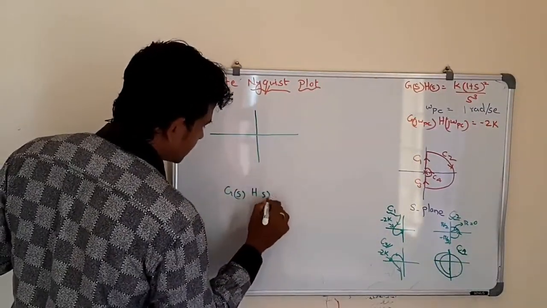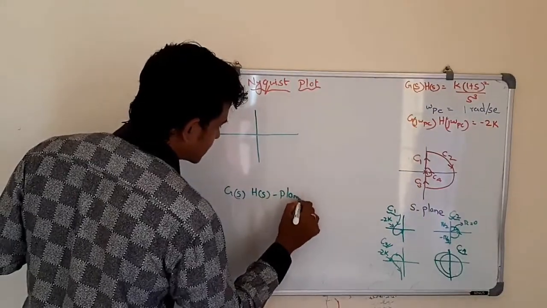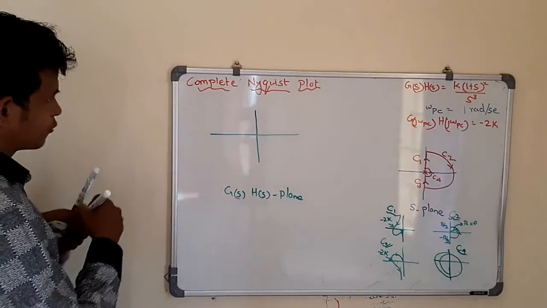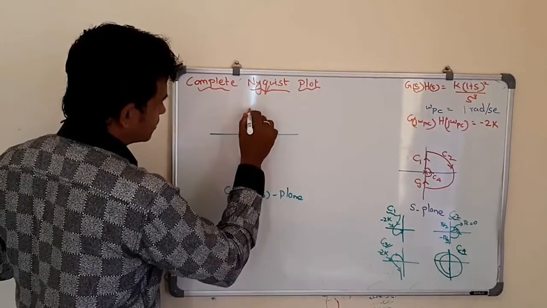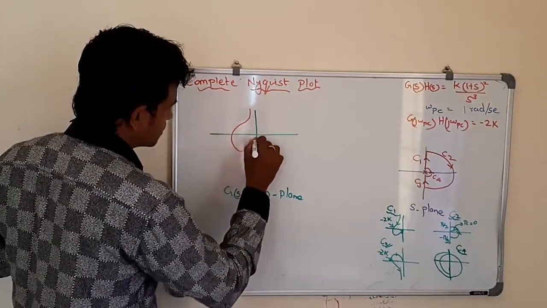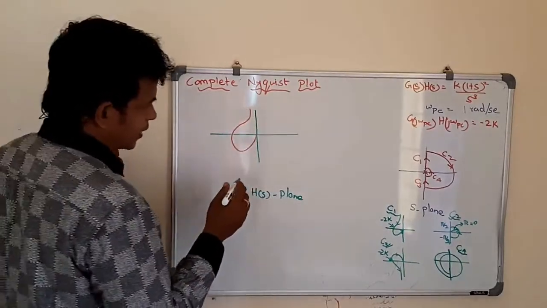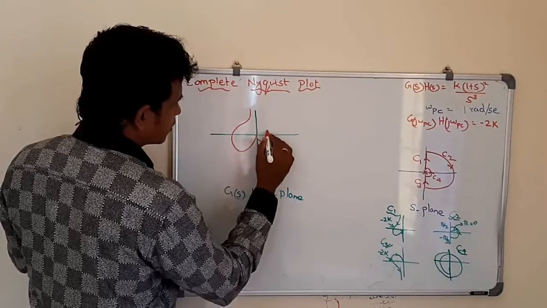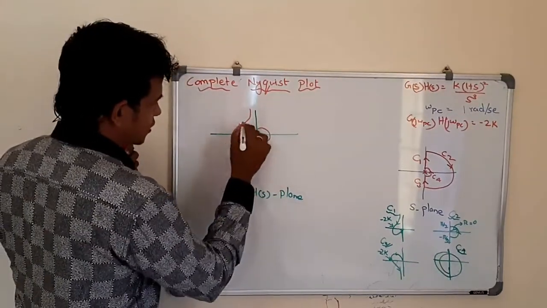In the GSHS plane, I have got the C1 mapping here. And the C2 mapping is an arc starting from here to here, in this direction.